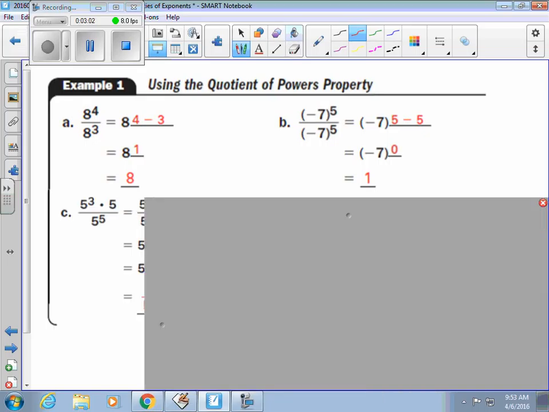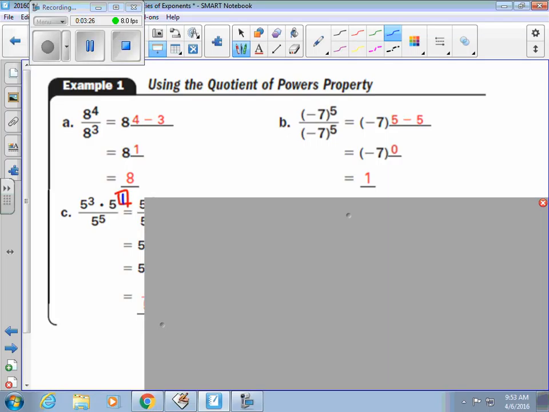C says 5 to the 3rd times 5 over 5 to the 5th. Remember, there's an exponent in this spot right here. If you have to write it in, do so to where you don't forget it's there. It's the 1st power if there's nothing shown. That's the understood one. So you do the multiplication property of exponents first. You have the same base, 5 and 5.